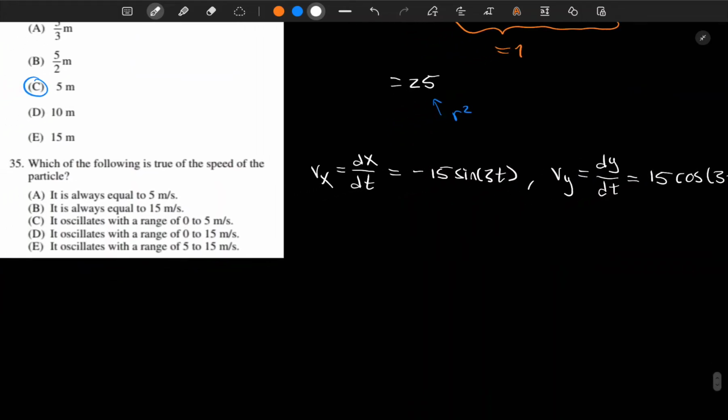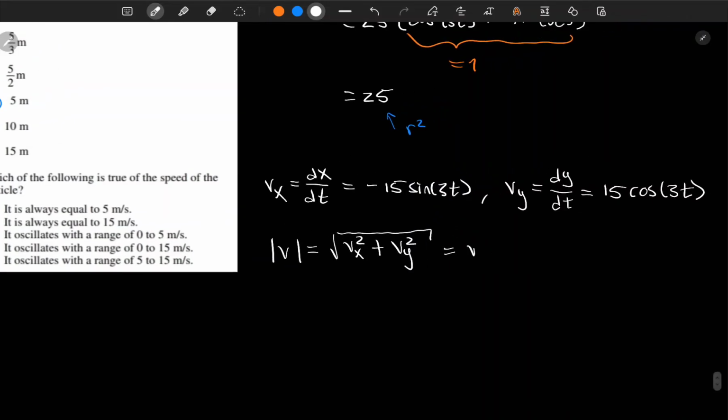Then the speed of the particle is equal to the absolute value of v, which here is equal to the square root of vx squared plus vy squared. Or, writing this out, it is 15 squared sine squared of 3t plus 15 squared times cosine squared of 3t.